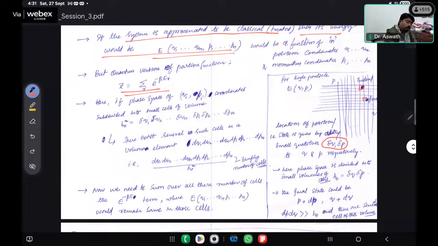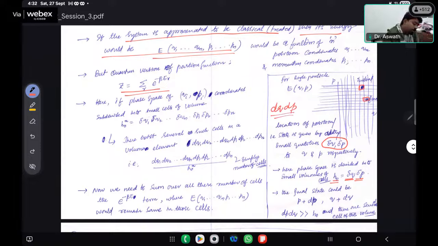So system moving from one location to other location is nothing but evolving. Now each unit has some volume. What is that? h naught is equal to delta q into delta p. But how many such units would be there in dq and dp?